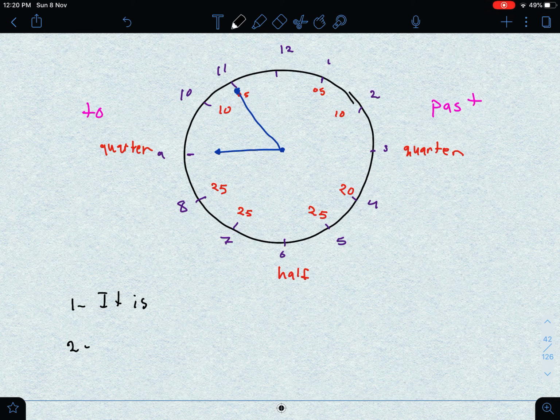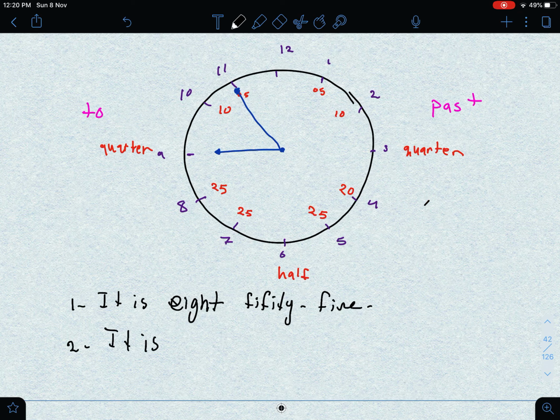The first way, I start with the hour. Here it is not 9, actually it is 8. It is 8 and what? 55. So it is 8:55.